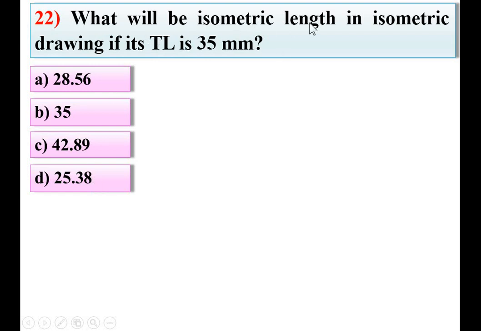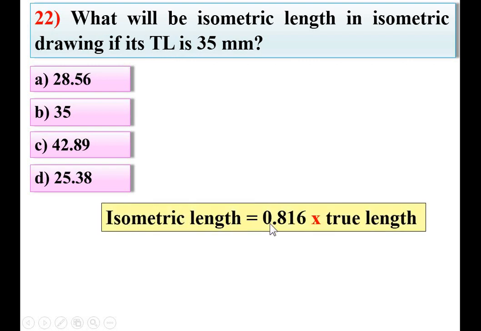You know the relation between isometric length and true length, sometimes called the actual length: isometric length is equal to 0.816 into true length. Put the value: 0.816 as it is, true length is given as 35 mm. Simplify and you will get 28.56. So A is the right answer.